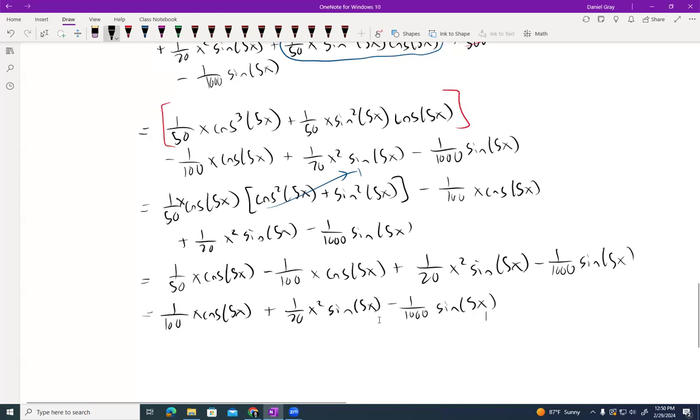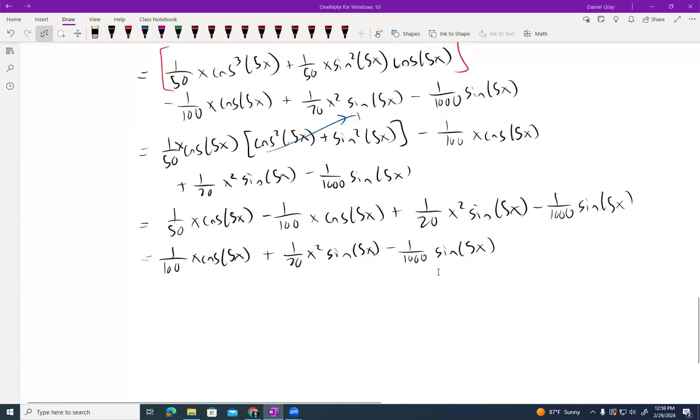Okay, let's pause here for a second. So that's my yp of x. Then my general solution is I take my homogeneous solution, c1 cosine of 5x, plus c2 sine of 5x.